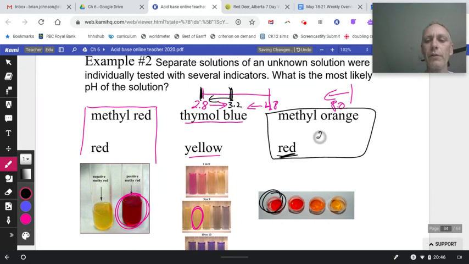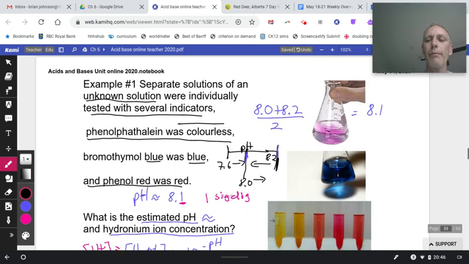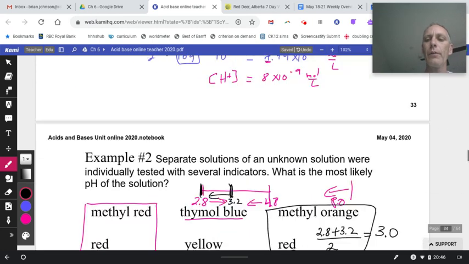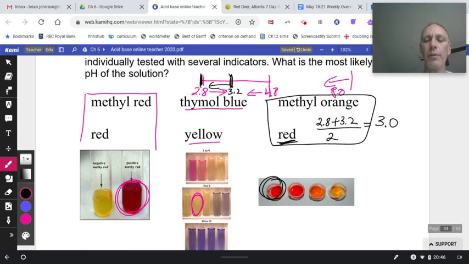So 2.8 plus 3.2, getting the average or the middle of it, divided by 2 is 3.0. Interesting. Let me verify that. Methyl orange is red below 3.2. Yep. So our pH is 3.0 exactly. Well, that's easy. The pH is approximately 3.0.